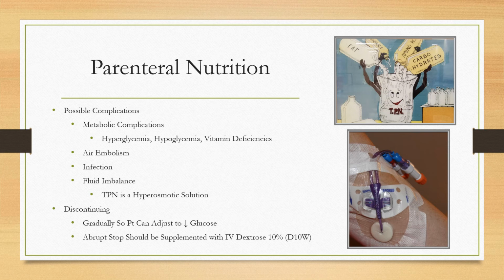If you lie someone on their left side and put them in Trendelenburg, you're basically trapping the air in the right side of the heart so that it's not being pumped into the lungs, leading to all these symptoms. And the air will gradually be reabsorbed by the body. So the body will take care of it, but that's the position that we put people in. And of course, administering oxygen.